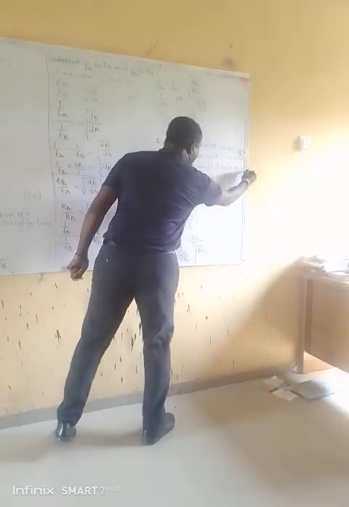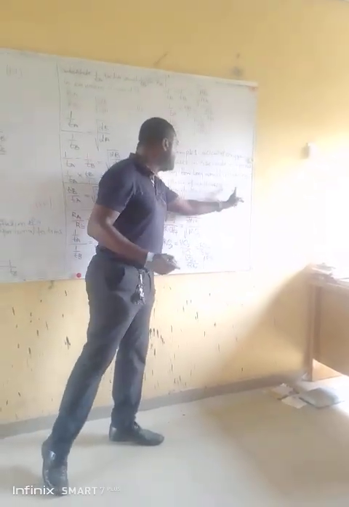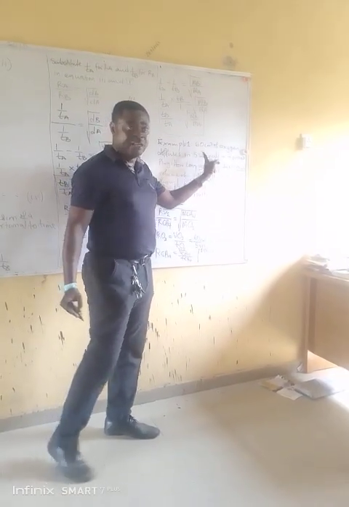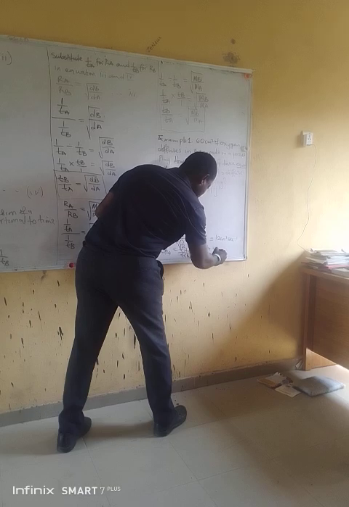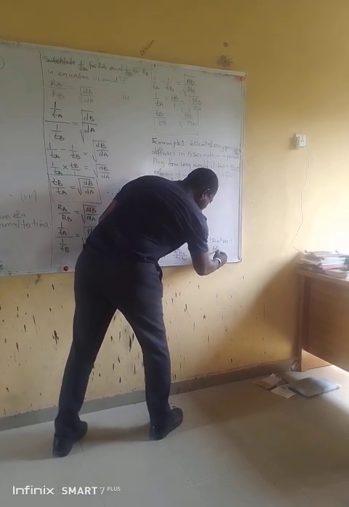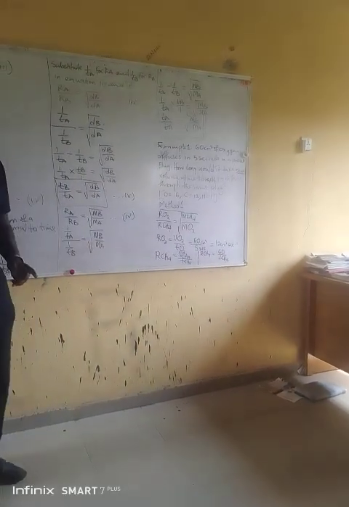They say equal volume. How long would it take equal volume of methane? That is methane that will have the same volume as what? Oxygen, which is also what? 60. So we now have 60 over, we don't know the time. That's what we are looking for. Are we together now?